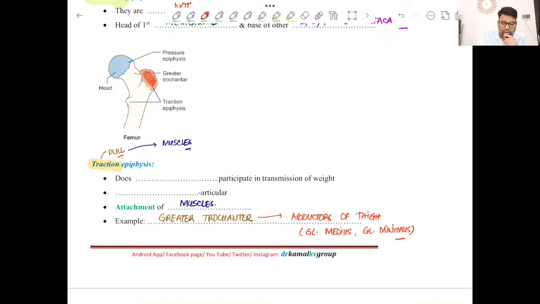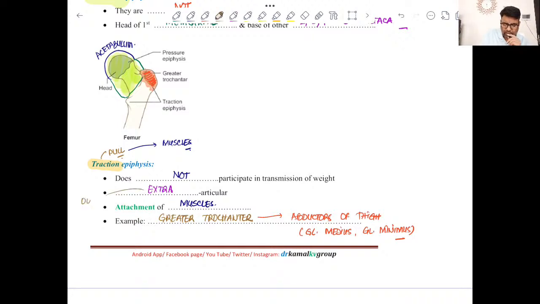Now, these are not involved in any weight transmission, because suppose this is the acetabulum here and this is the joint capsule. So they have nothing to do with weight transmission, and they are lying outside the joint cavity, so they are extra-articular.